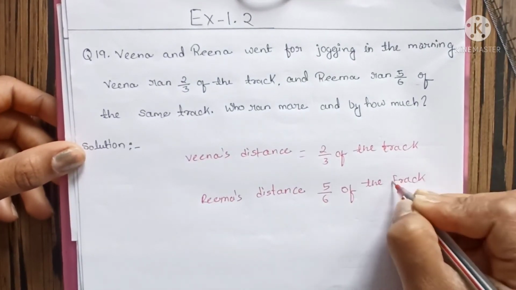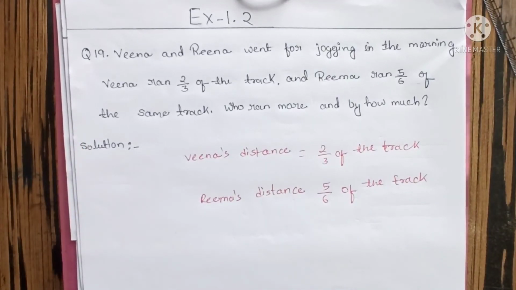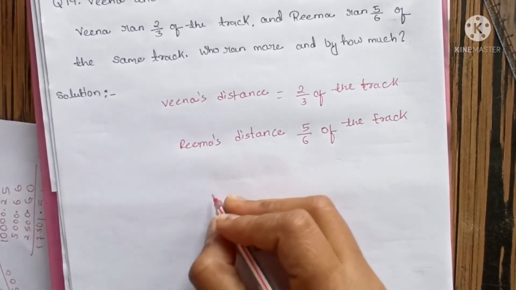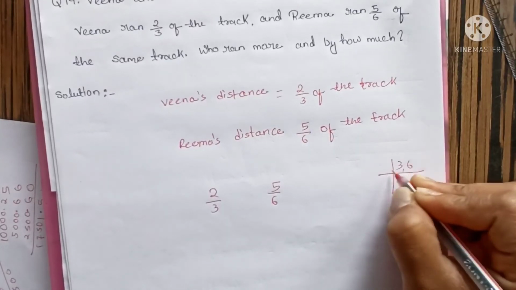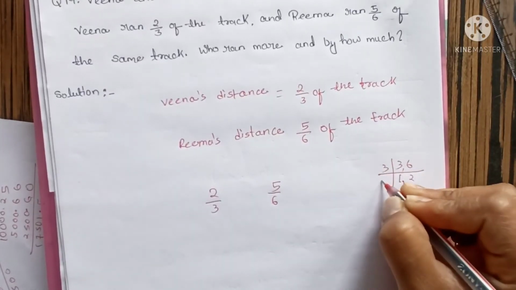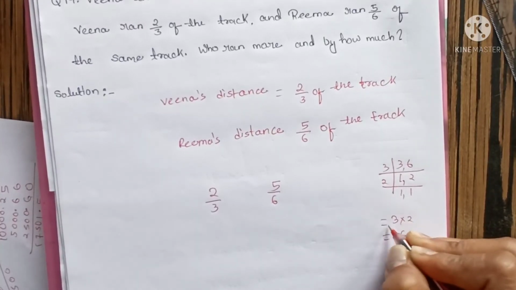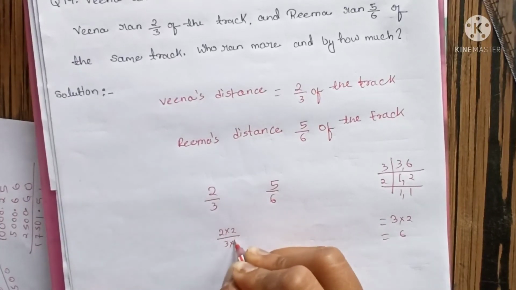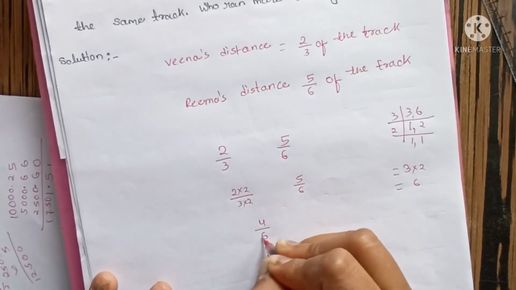Okay. Who ran more and by how much? So we need to compare these two given fractions. So let us first make the denominators of these two fractions the same by finding out the LCM. That is 6. So we will change this one. This will become 4/6 and 5/6.